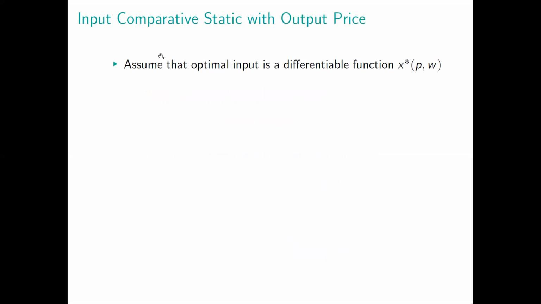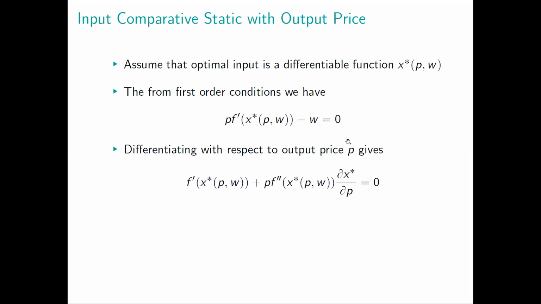We can also find input comparative statics with output price. Again, we're going to assume that our optimal input function is differentiable. We can again look at our first order conditions at the optimal inputs. And now we'll differentiate instead with respect to output price p. And if we do that, we'll get this expression just using the product rule and chain rule.